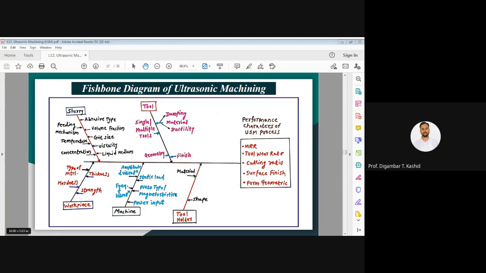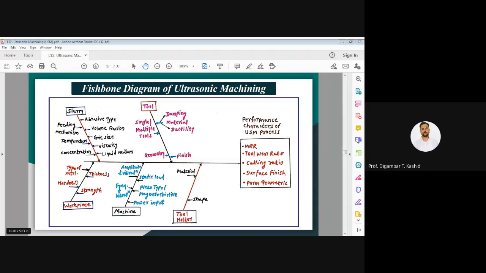As I already mentioned, if scratches are there or micro cracks are left on your tool surface, then it will quickly fail because of ultrasonic vibrations and the load acting over it. So due to that, it may fail.